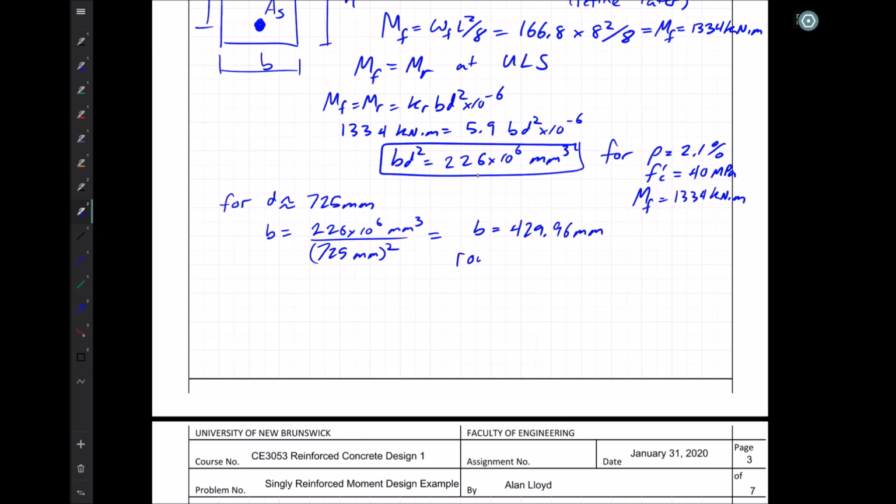And we will round this to B is equal to 450 millimeters.